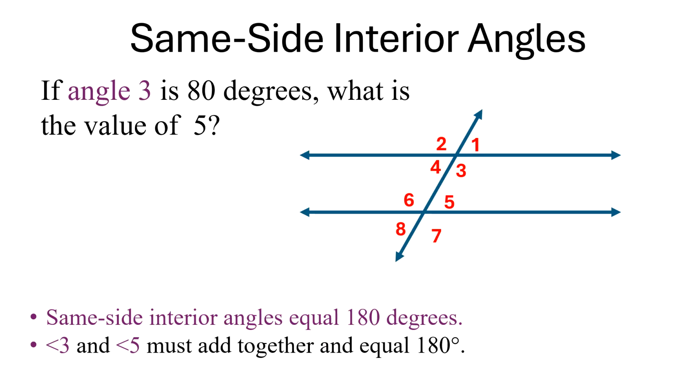If angle 3 is 80 degrees, what is the value of 5? So again, we have same side interior angles, and we're going here, inside. This is inside. This is 3. This is 5. And they have to equal 180.